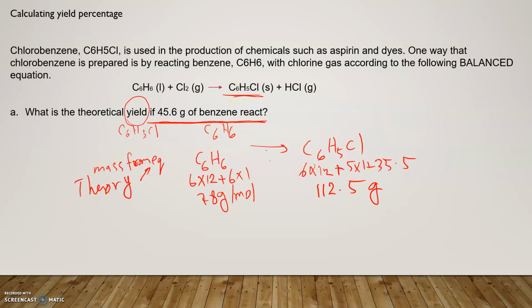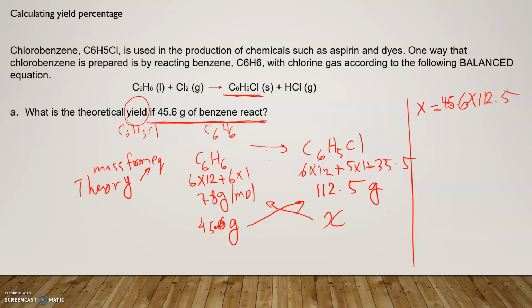Okay, but when he did the experiment, he didn't use the 78, actually he used 45.6 grams. So how much of that will give you? Now you cross multiply. So X equals 45.6 times 112.5 divided by 78.